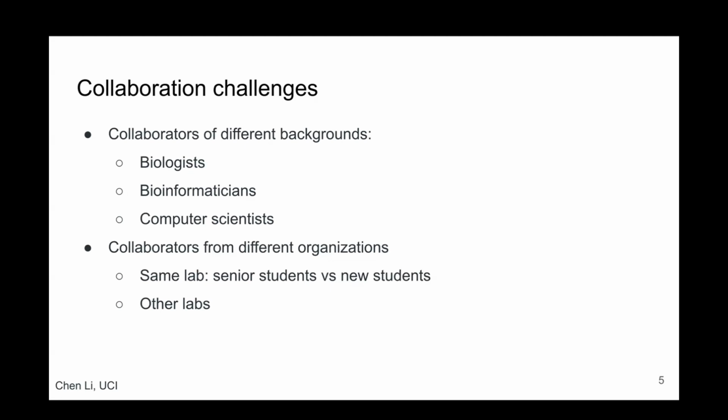The new student wants to reuse what the senior student has developed, but that knowledge passing is really hard because it's much harder for a new student to read and understand the previous code. In many cases, a new student just abandons the old code and starts from scratch because it's much faster. But in this process, a lot of information is wasted.